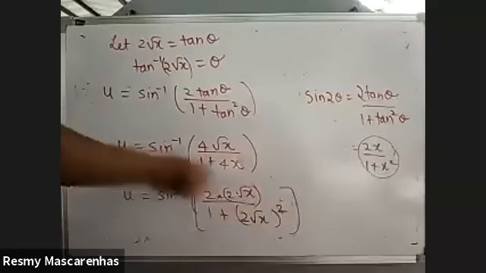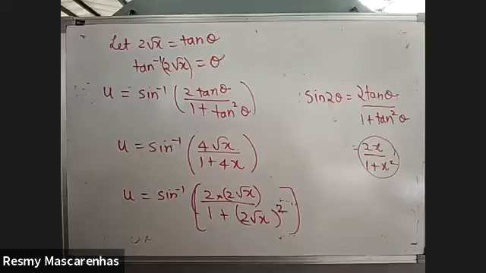So instead of 2 root x, I put tan theta. Sine inverse, sine will cancel.